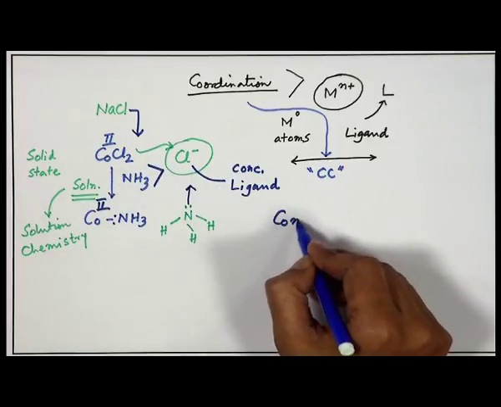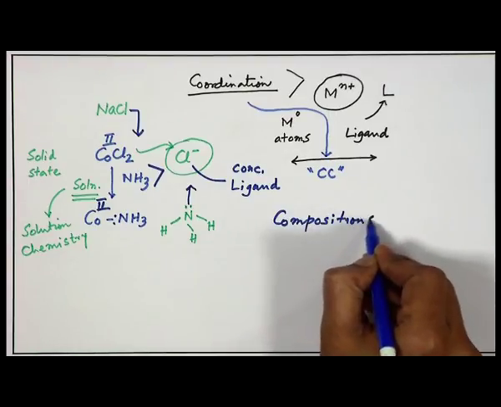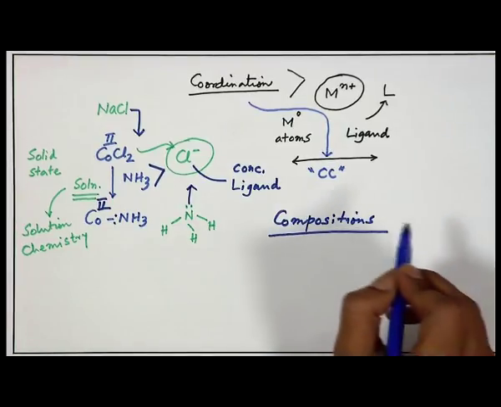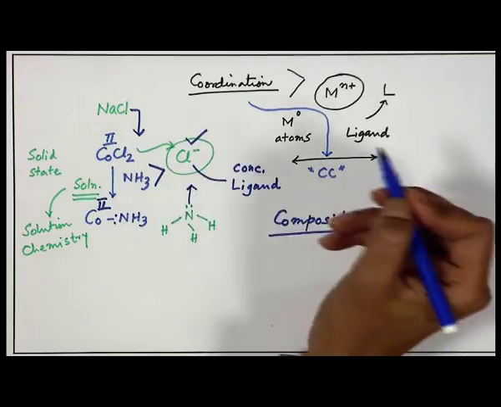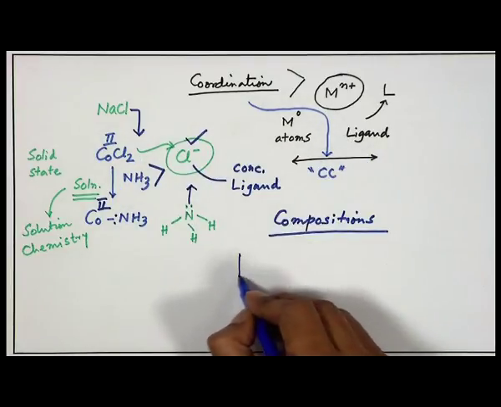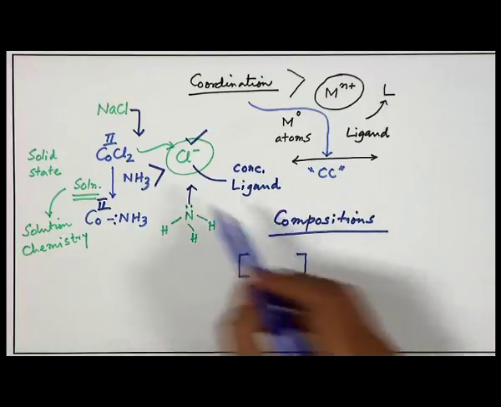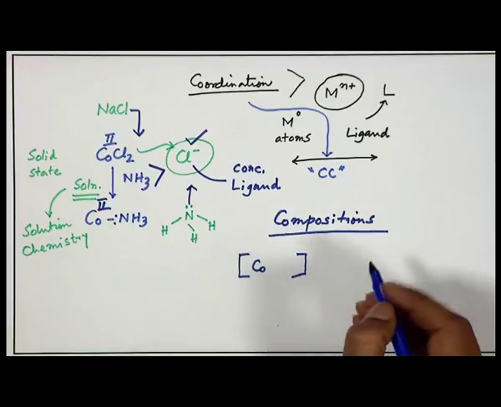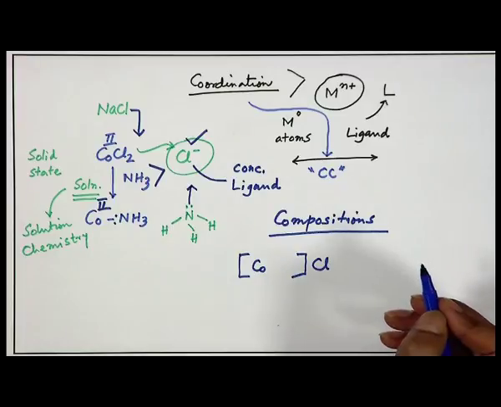The coordination compounds will give rise to different compositions that we discussed in our previous class, that is, how we can analyze these compositions in terms of the availability of this chloride, because we have also defined the primary valence and the secondary valence, whether this chloride is attached to our cobalt center or remaining outside the coordination sphere.